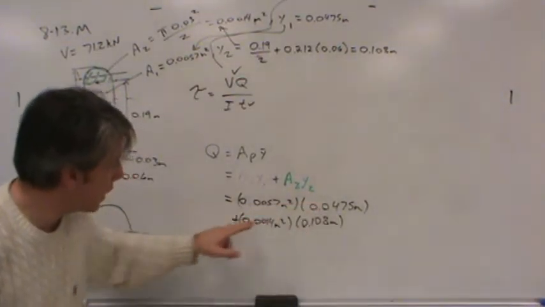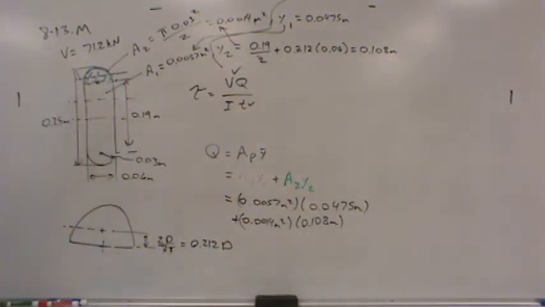So multiply those together and add the product of these two. What do we get for Q? Everyone's calculator tired. I see questioning looks. Have I made another mistake along the way?